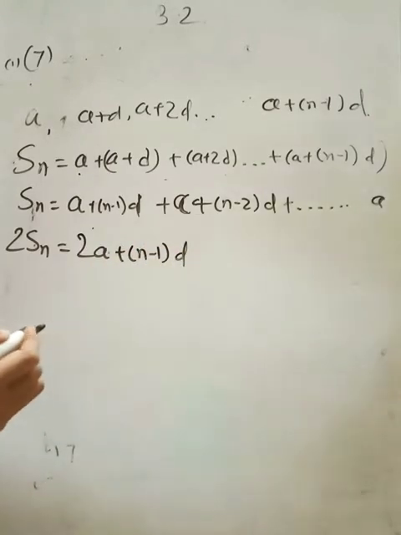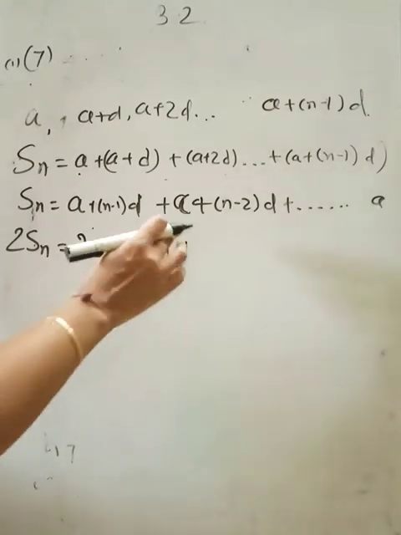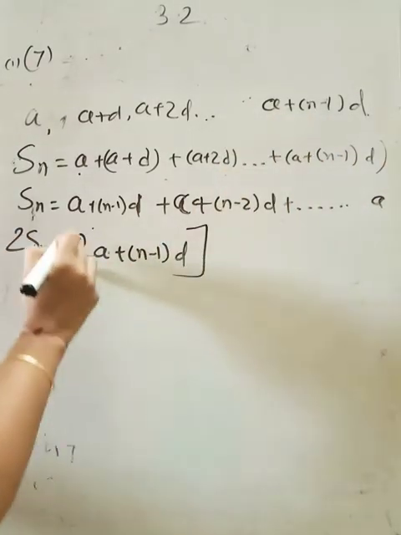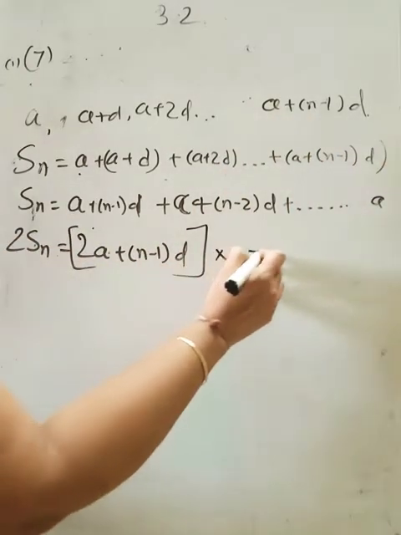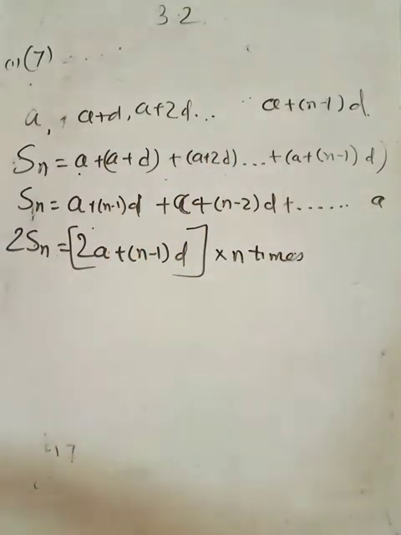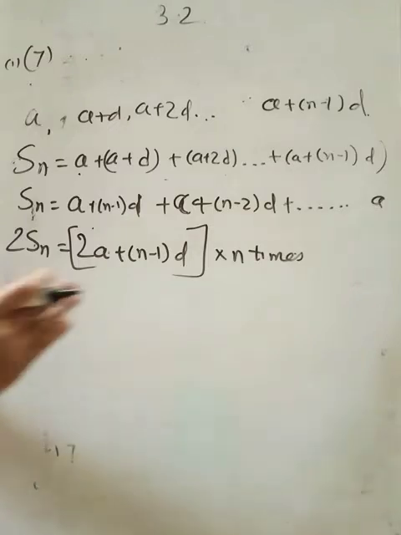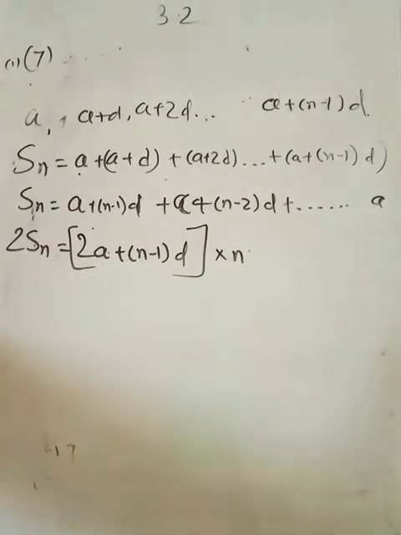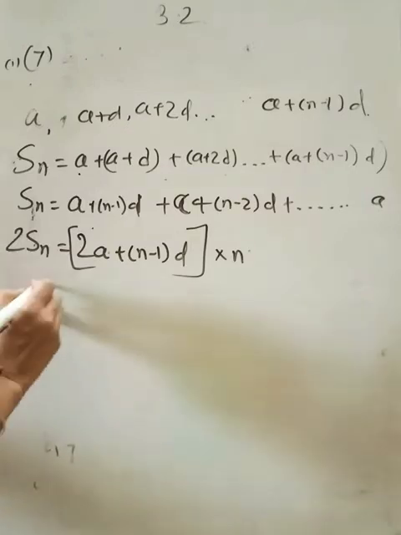And how many times? कितनी टर्म है बेटा यहाँ पे? n terms we are taking into consideration ना. So this is n times. Correct ना? So you can just write down n into 2a plus n minus 1 into d. So what will be Sn?